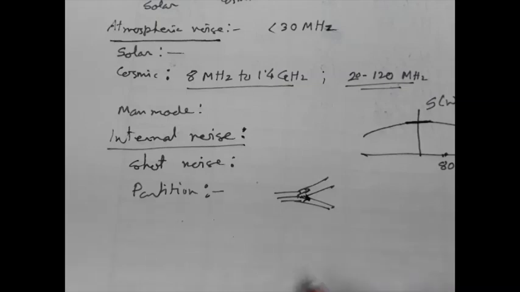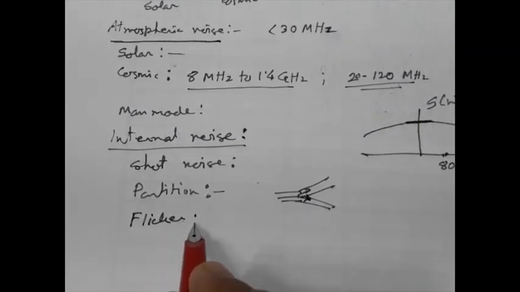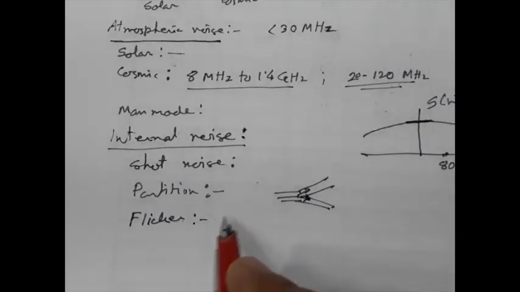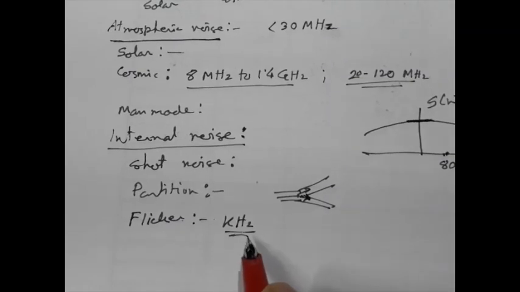There is another kind of noise called the flicker noise. Below a few kilohertz frequencies, a component of noise appears, and the power spectral density of which increases as frequency decreases.